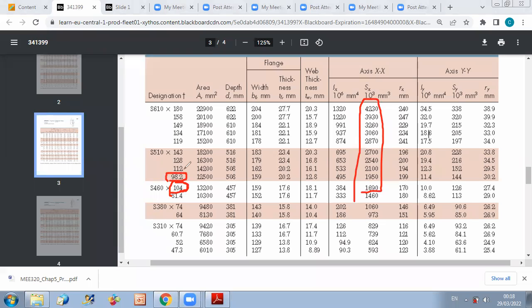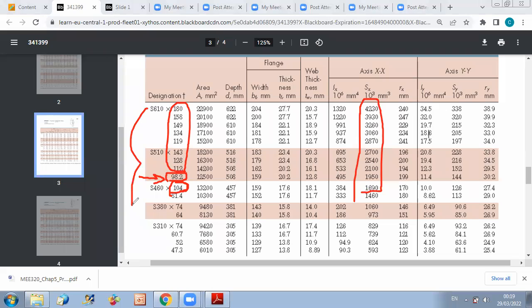And 98.2 is the smallest number among all of these numbers. So I should select this value, because this is acceptable since S is larger than 1,600, but it is the best because it represents the smaller cost, since the mass per unit length is 98.2, which is the smallest possible value among the available choices.